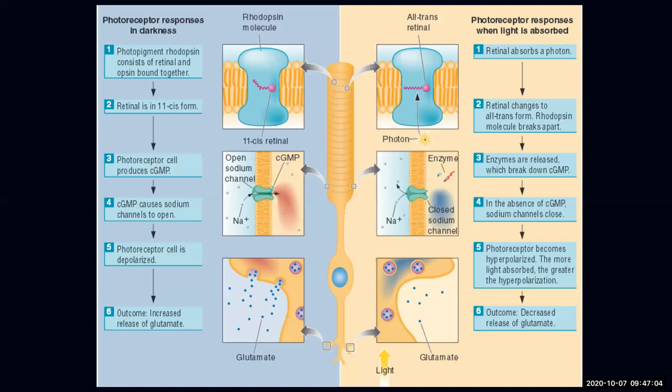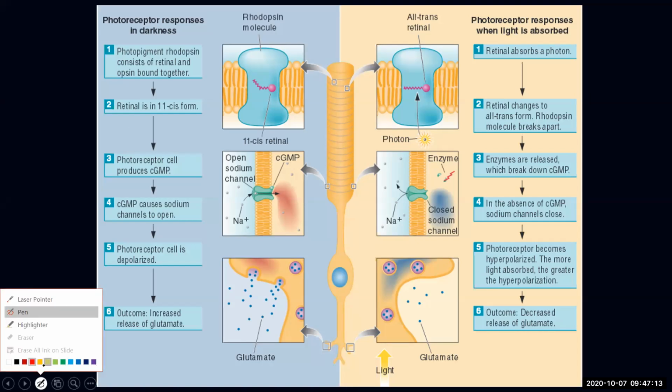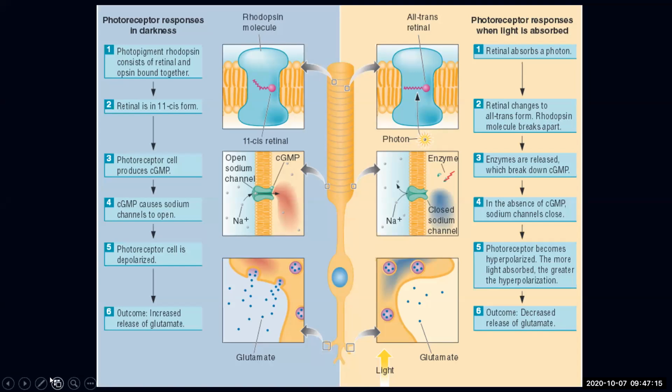This is a diagram from your book. I'm going to go through this again. I know it kind of gets old hearing it, but this is confusing and something that you need to know. So in darkness, the photopigment is rhodopsin. That's a retinol 11 cis plus opsin together.